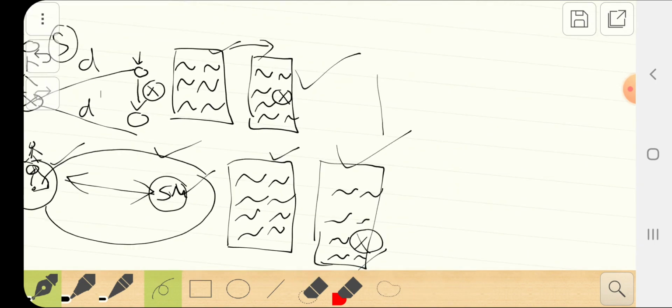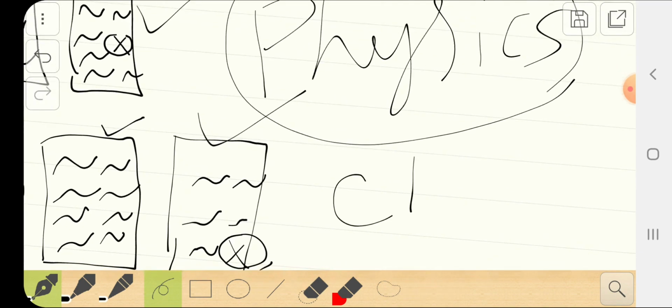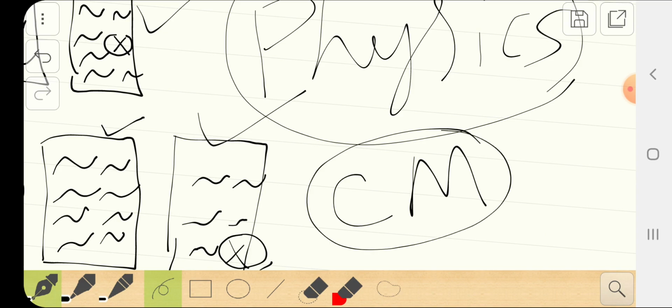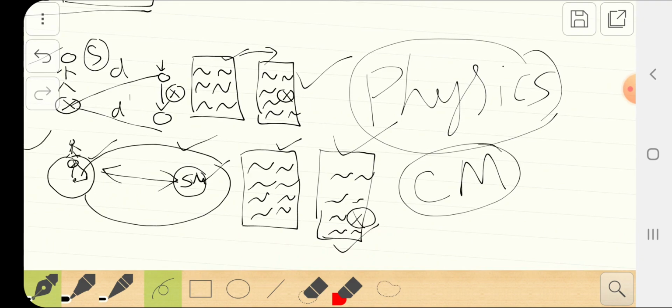Well, that's where physics comes in. Physics uses this kind of a method. Classical mechanics purposefully deals with this kind of situation.